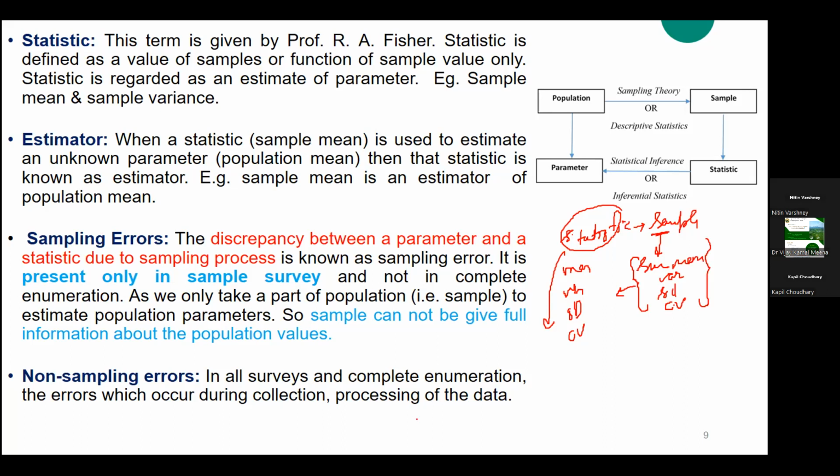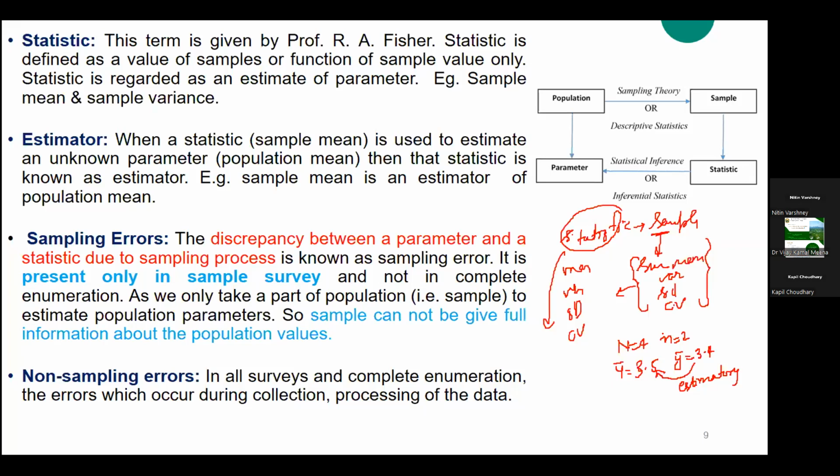For example, suppose we have a population of size N equal to 4, small n equal to 2, and our population mean, Y bar, is some value. I think I'm taking 3.5, and suppose our sample mean is 3.4. So we are using this to estimate the population mean. Then small y bar is the estimator of the population mean.